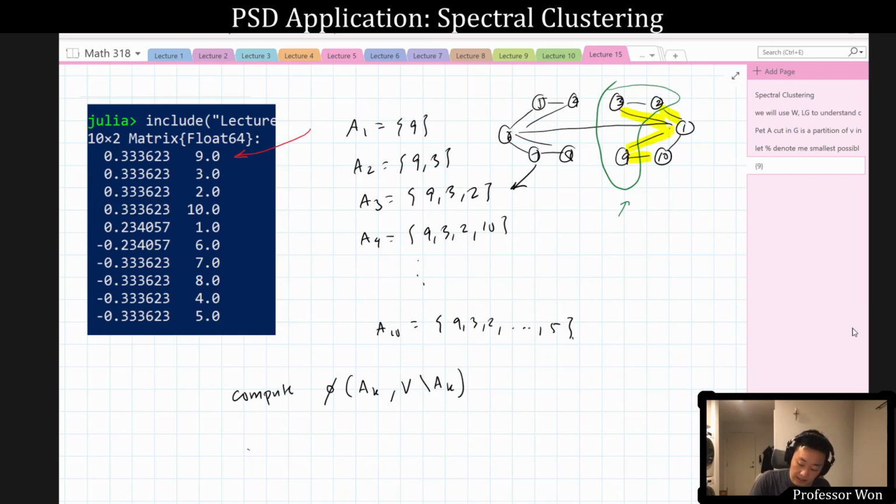So the density of this cut, A3 and V minus A3, is 4 edges. How many possible edges are there? It's 3 times 7, so 4 out of 21, times n, which is 10. So this one has density 40 over 21, so it's about 2.